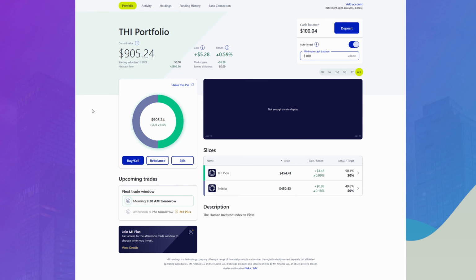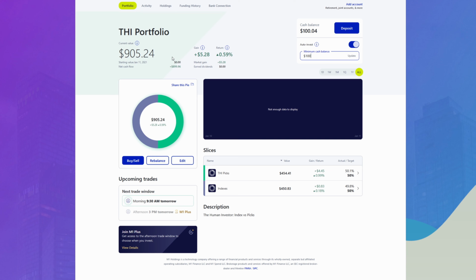So heading back to the main portfolio page and summary of M1 Finance here, you can see we funded the account. I transferred $1,000, and we have a current portfolio after one day in the market of $905. So we're up a whole $5.24 in one day in the market, which of course is not going to be the focus of what we're doing here.